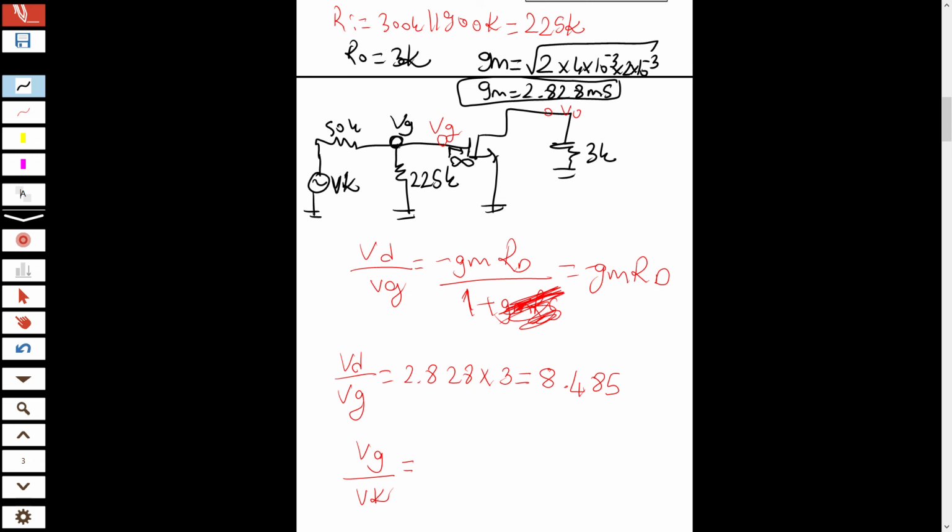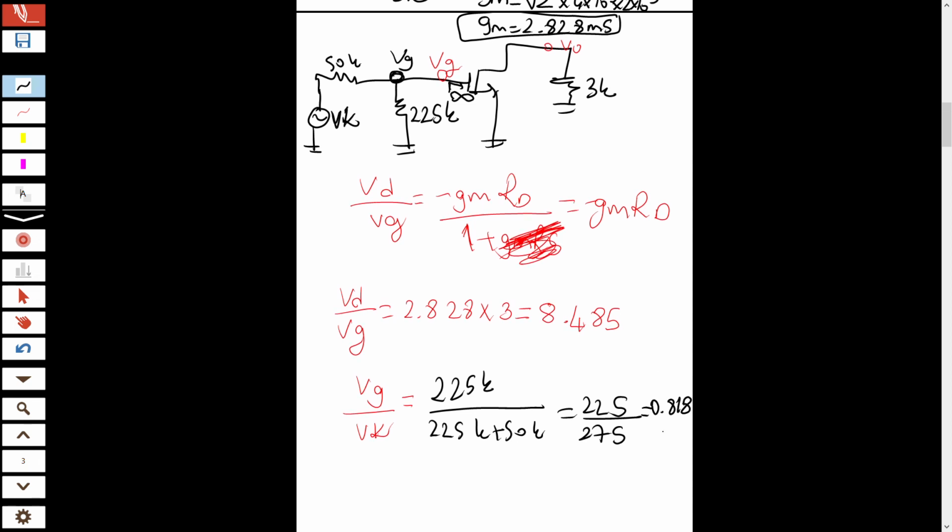Here V gate is 225k divided by 225k plus 50k, so it is like 225 over 275k, and it is 0.818.